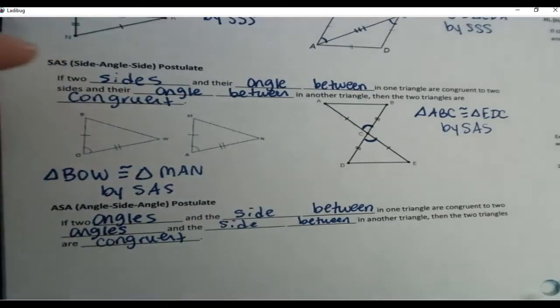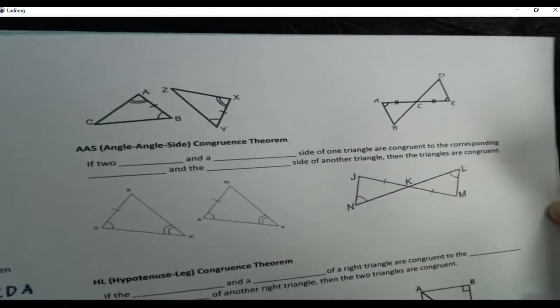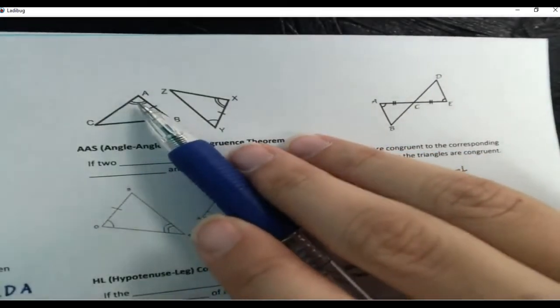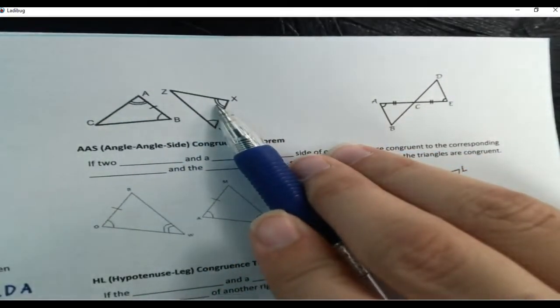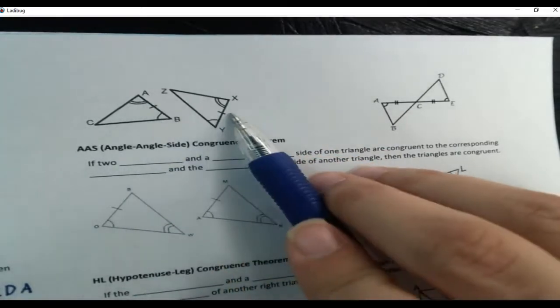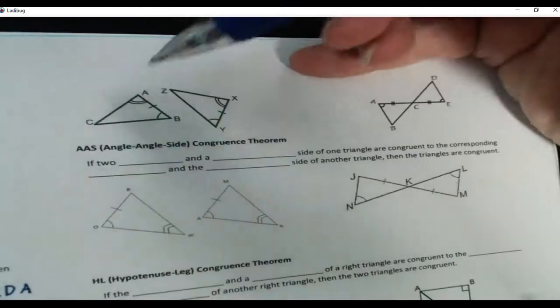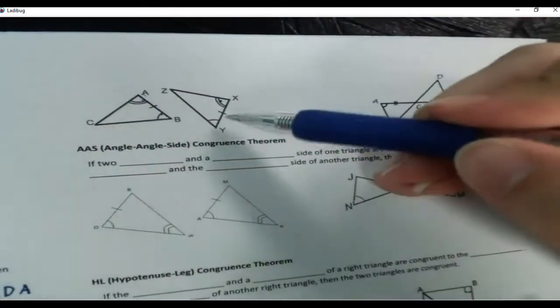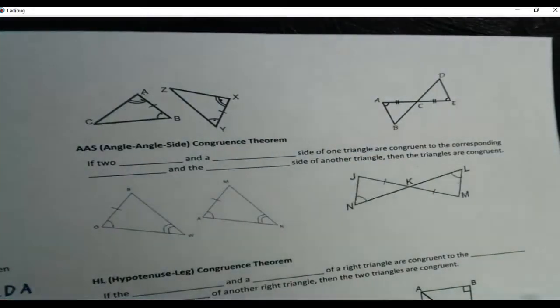So in the last one we had the two sides and the angle between. This one we have the two angles and the side between. So let's look at these up here. It tells me that A and X are congruent. It tells me B and Y are congruent. And then the side AB and the side XY. So I have an angle and then the side and then an angle. An angle, a side, and an angle.